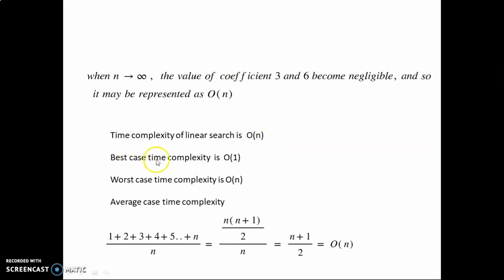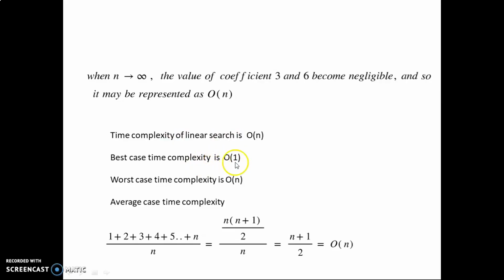Then what does best case time complexity mean? Best case means the minimum number of steps required for the particular algorithm based on the input. For example, we are searching for a key value in the linear search with a particular list of numbers. Suppose we find the key value in the first place itself, then only one comparison will take place.